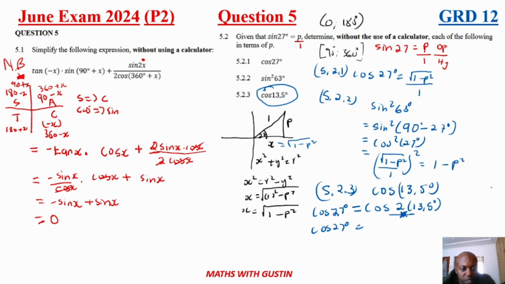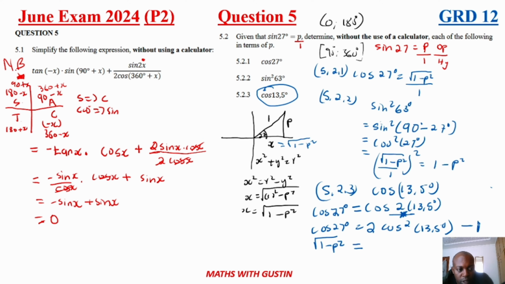What we can do here is change this using double angles. So you can write it as cos squared 13.5. These things are basically equal to each other. We haven't done anything, we haven't added anything here. So let's change this now to cos 27. We know that is equal to the square root of 1 minus p squared, equal to 2 cos squared minus 1.